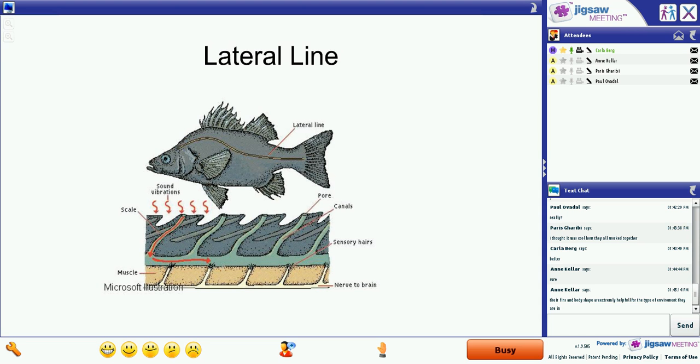So when someone jumps in the water, when a predator or prey moves in the water, it sends a vibration that the fish feel through these pores and canals. It goes in and it touches their nerve sensories, and the fish can then translate that into something's moving next to me. I either better get away because it could be a predator, or I better go closer because I'm hungry.